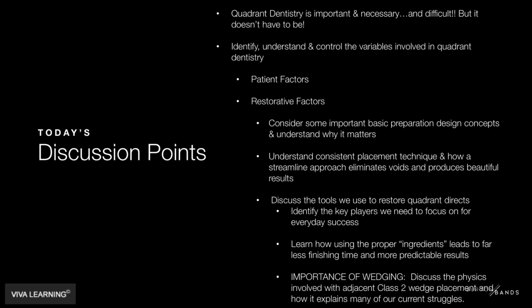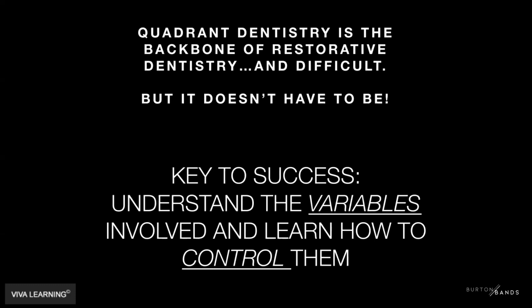We all know that there's a myriad of variables that we face every single day. So I'll go through and focus on a few, broadly touch on a couple, and then really hone in on a few as well. What I've found over the years is that quadrant dentistry and direct composites are really the backbone of what we do.